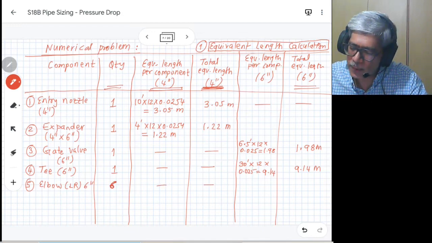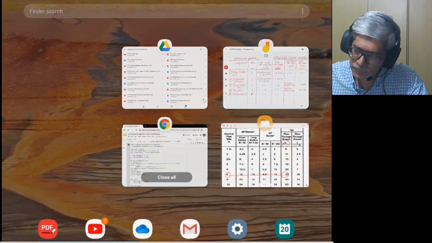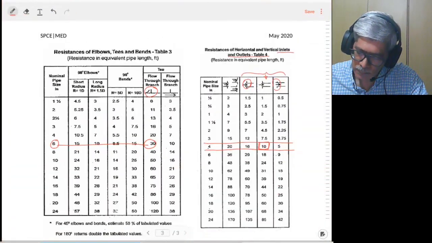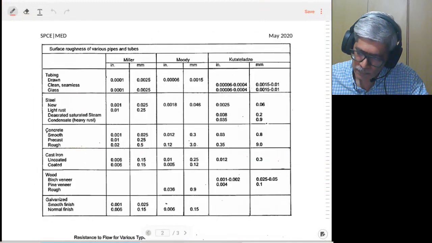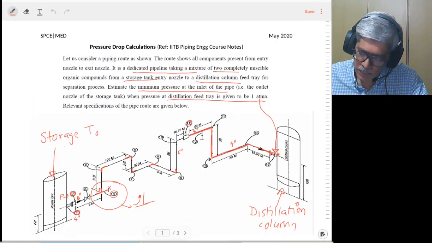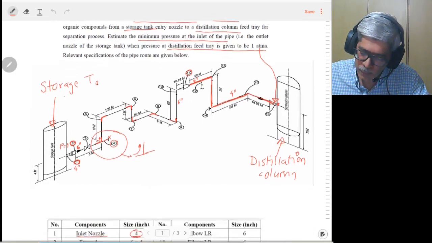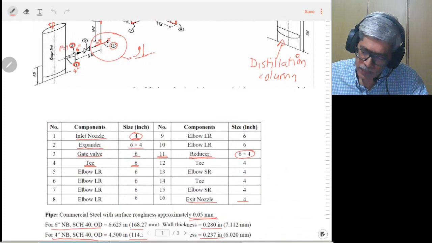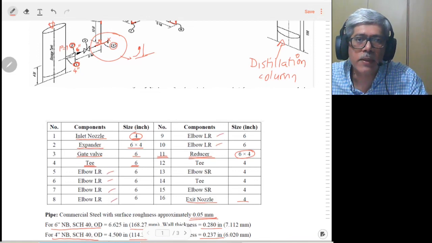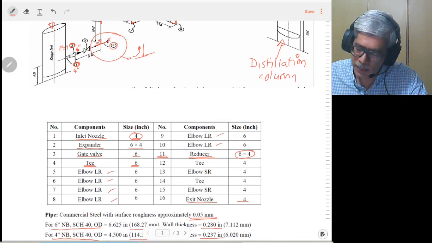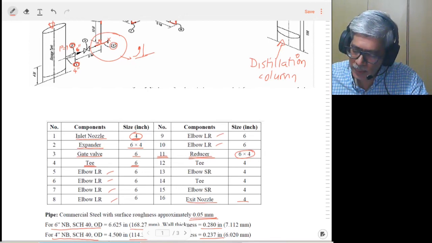So let's go to the figure and count how many there are. If you go to the figure, you will find that the elbows of 6-inch size are 1, 2, 3, 4, 5 and 6. So there are 6 elbows of 6-inch size, and we need to find out their equivalent straight length.